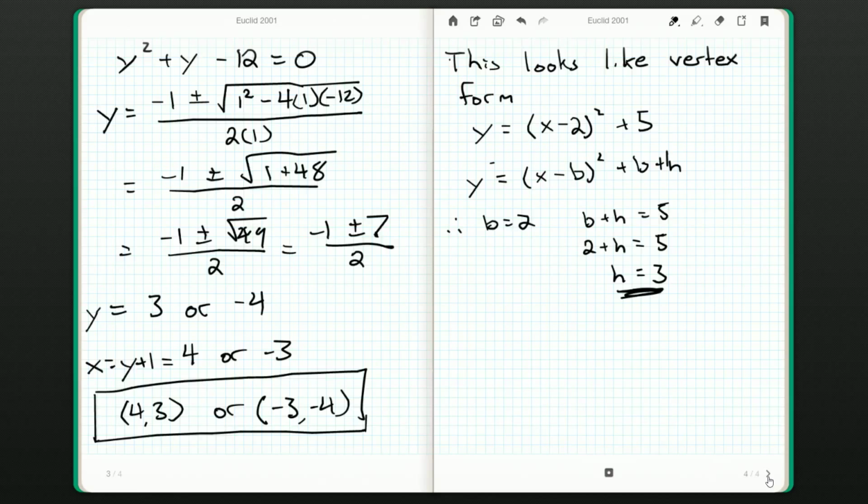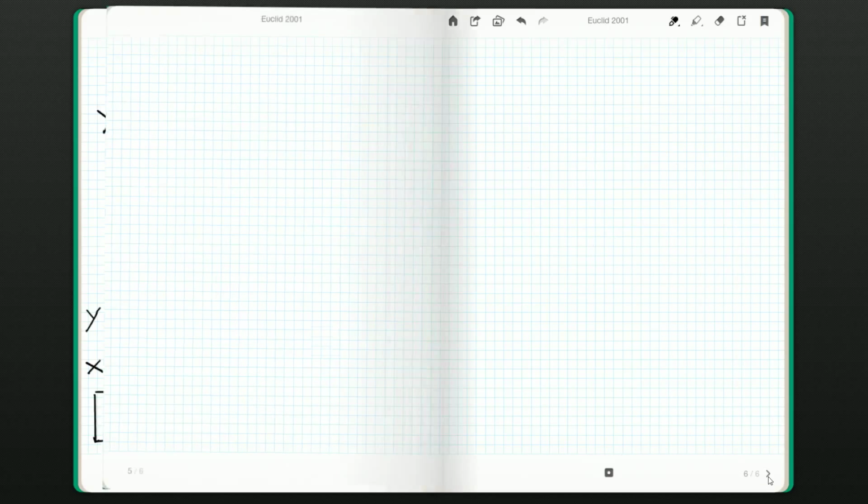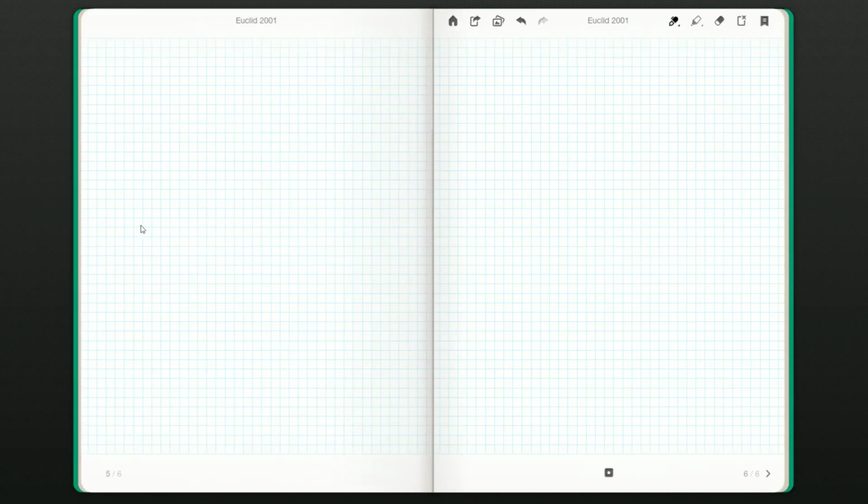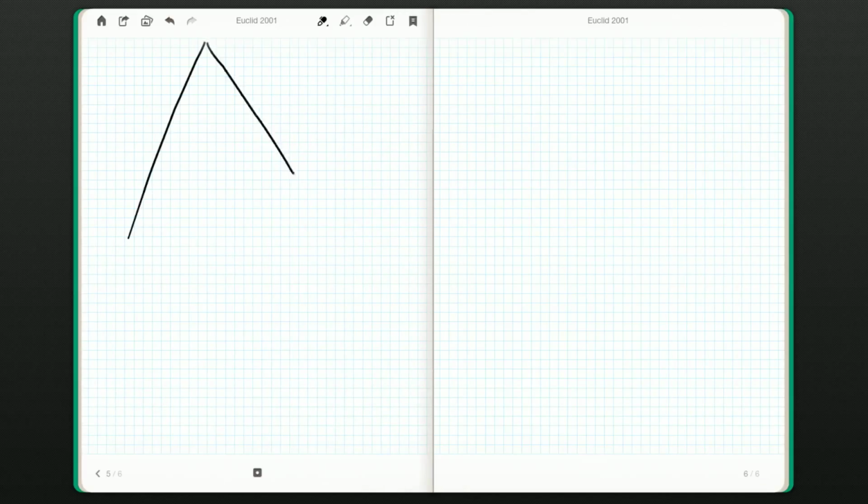I'm just going to flip over to the next page. So we have A, B, C. We have P over here, we have Q over here.